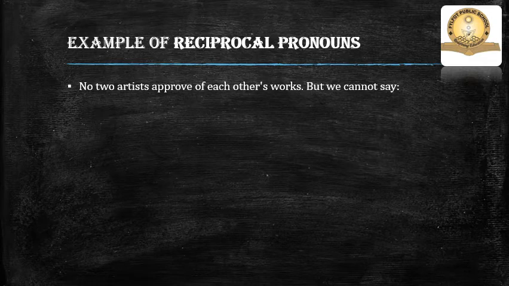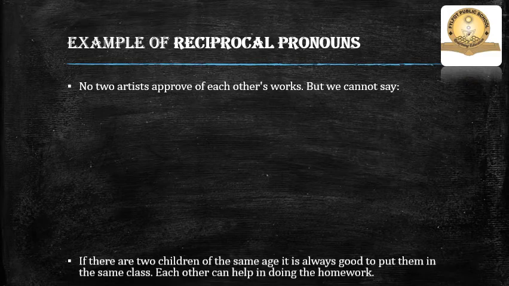So there is some kind of work which is done, but neither this side the artist is approving it nor the other side the artist is approving it. So they both are not approving each other's work. The emotion of non-approval is shared between both of them, so it is reciprocated between both of the artists.